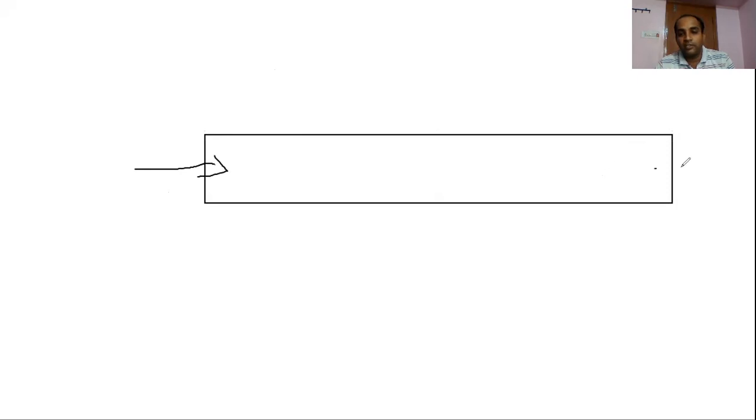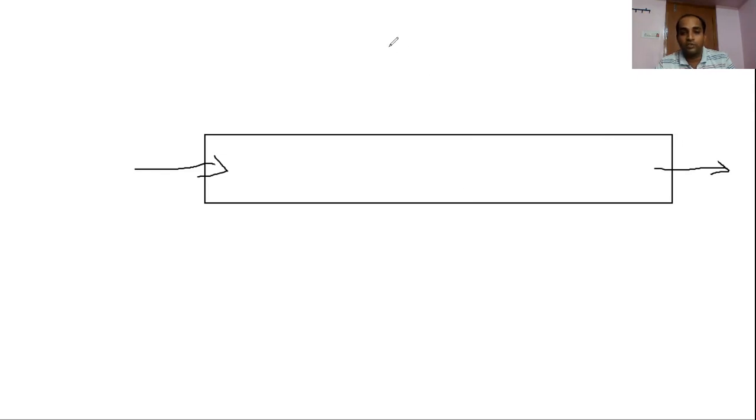Now as it comes out, it has the same velocity, 50 meters per second. But if I want to develop energy, more speed of the water is required. So if the water speed has to be increased, then you have to change its cross section area.